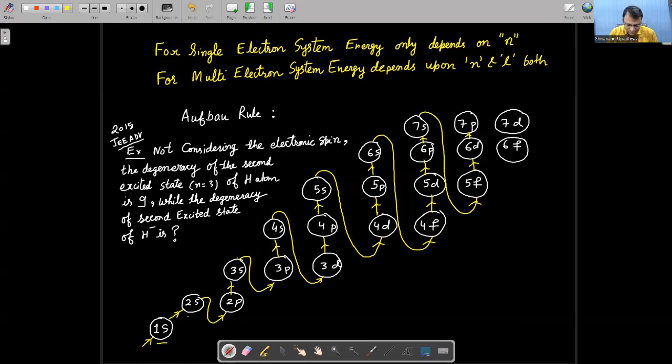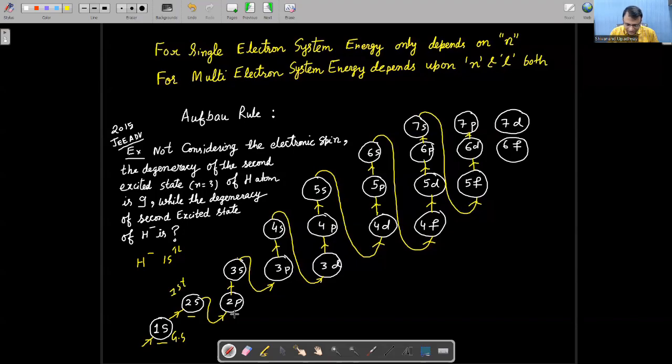After that, 2s is the first excited state, because we are discussing H minus, which is a JEE Advanced question. For H minus, the electronic configuration in the ground state is 1s2. So this is the ground state electronic configuration of H minus. Now 2s will be the first excited state.